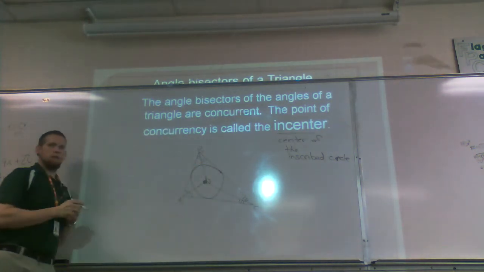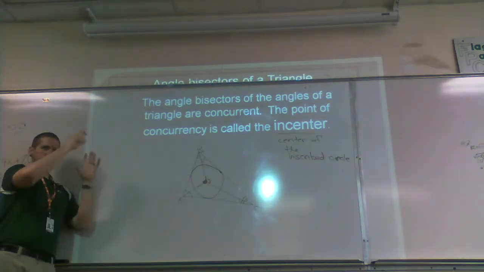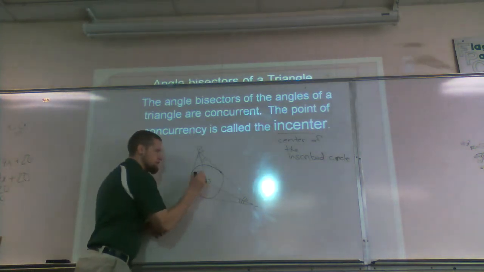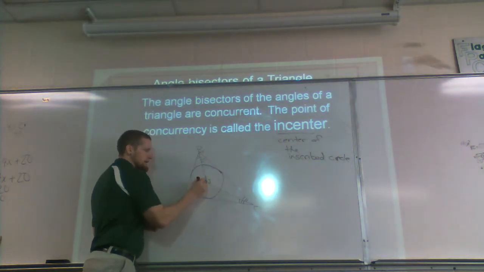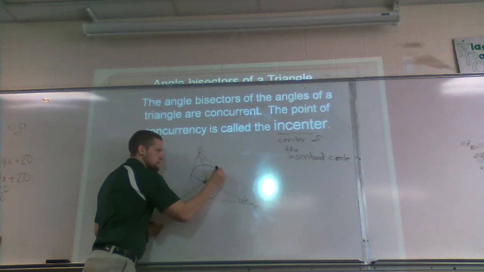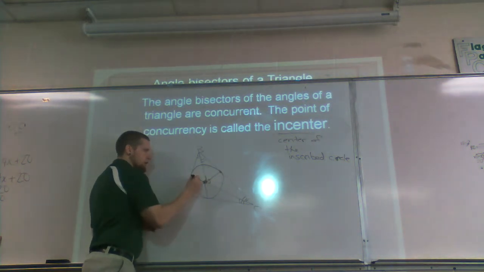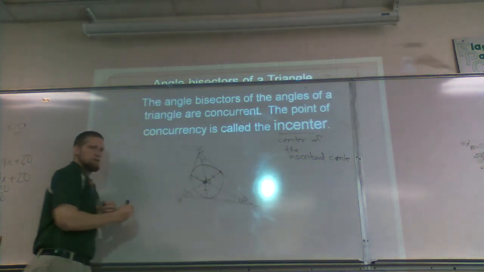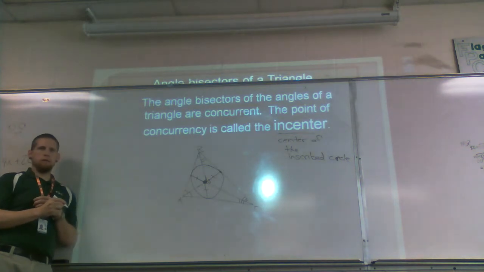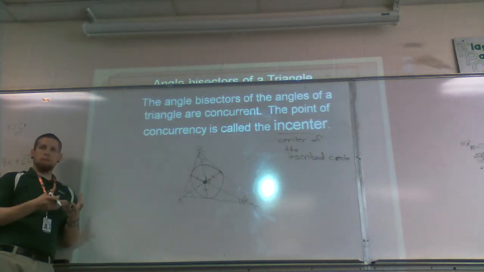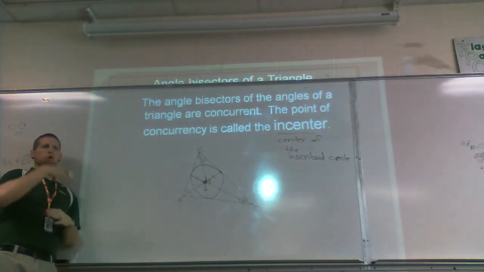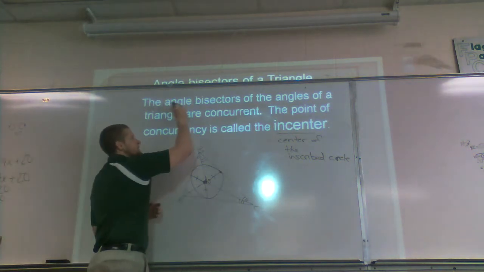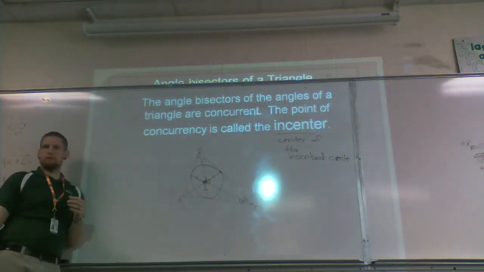Okay? I understand because of definition-wise and identification-wise, that point is the center of that circle. It means if I draw a radius there, there, and there, these are all going to be equal to each other. Okay? And again, the way these problems are going to go, just like with the perpendicular ones, maybe on the diagram or in the directions, it's going to mention either angle bisectors or perpendicular bisectors.